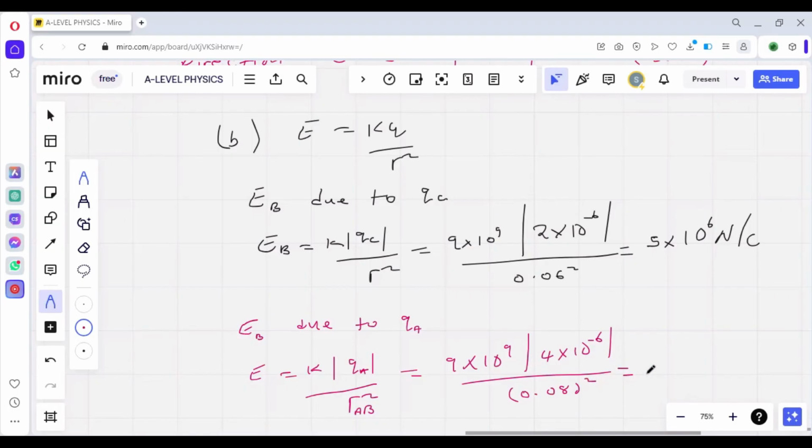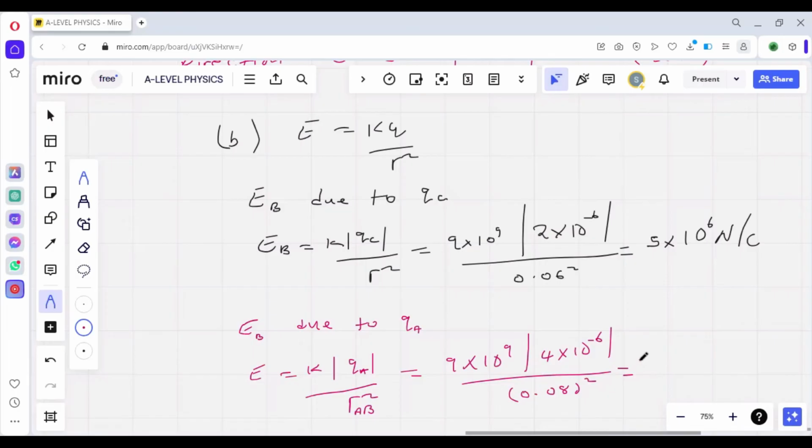So we have 9 exponent 9 multiplied by 4 exponent negative 6 divided by 0.08 squared.